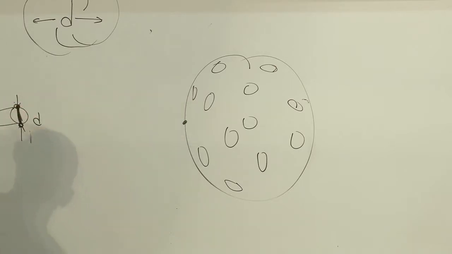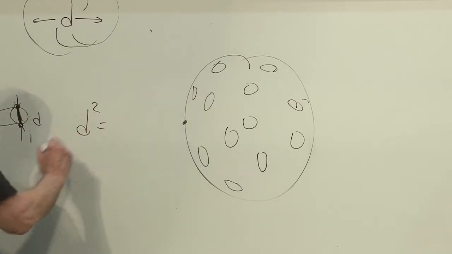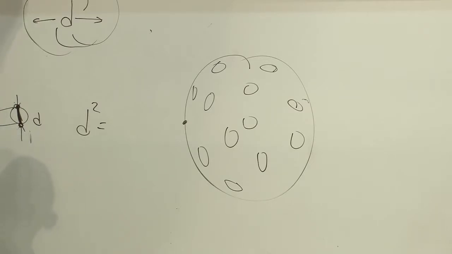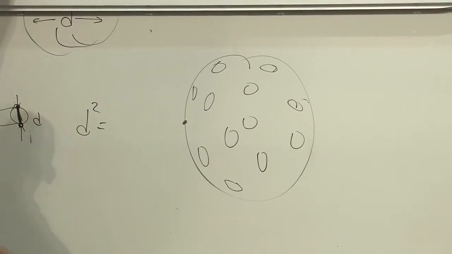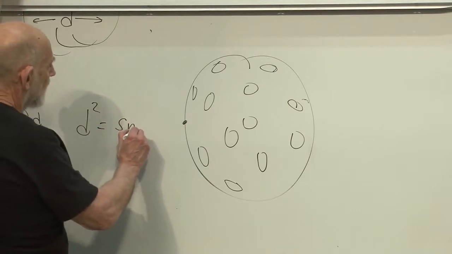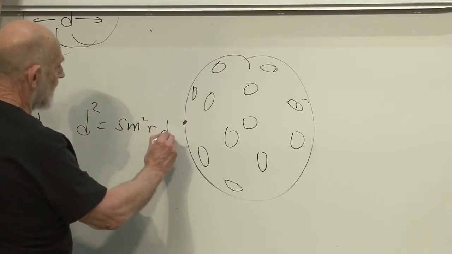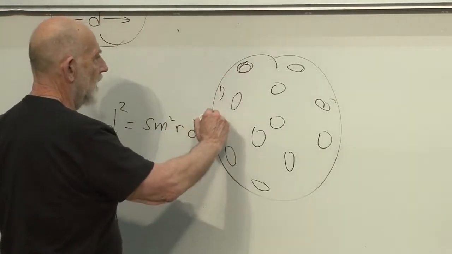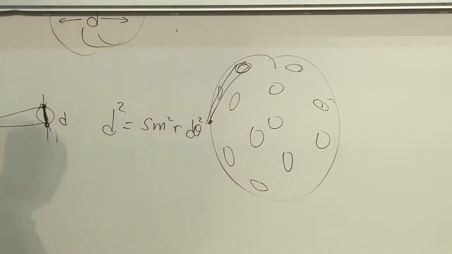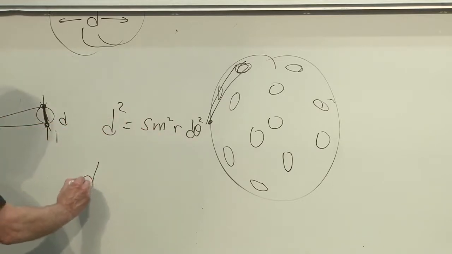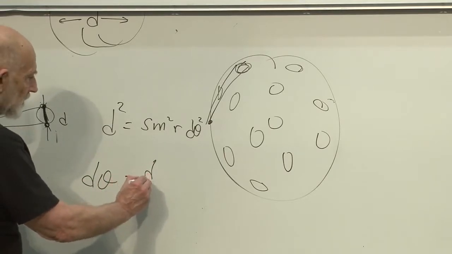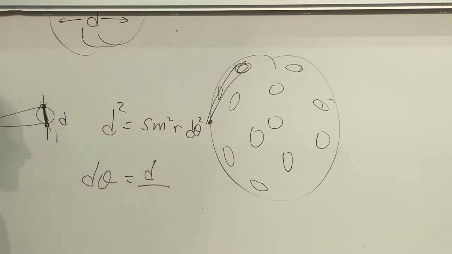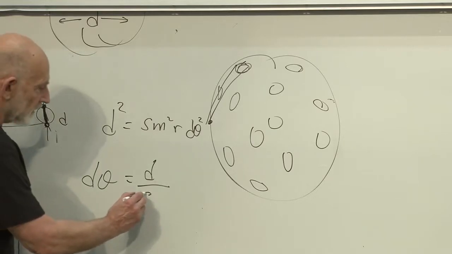Again, the size of the galaxy is d squared, and now, instead of r squared d theta squared, it's sine squared r d theta squared. We look at this galaxy over here. The angle subtended satisfies d squared is sine squared r d theta squared, or d theta is equal to the size of a galaxy, not divided by r, but divided by sine of r.